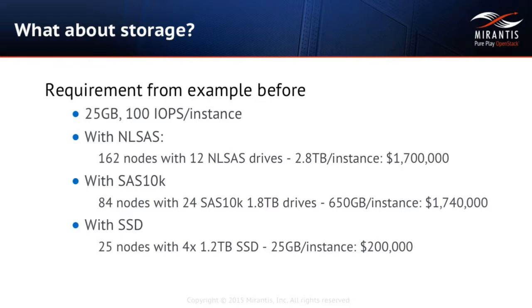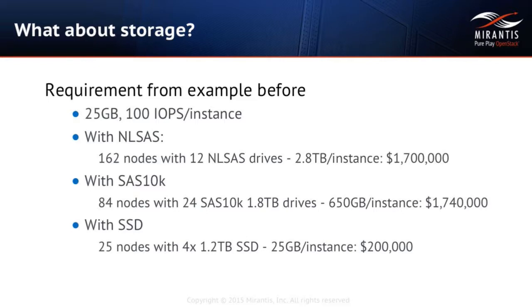So with SSD, and this is where it became really interesting because I had a coworker who dropped by my desk and he said, SSD is way too expensive. Why are you telling the customer to use SSD? So we came up with 25 nodes with 4 1.2 terabyte SSDs. This is little 1U nodes, 25 of them with SSDs, and we were able to hit the IOPS requirements.